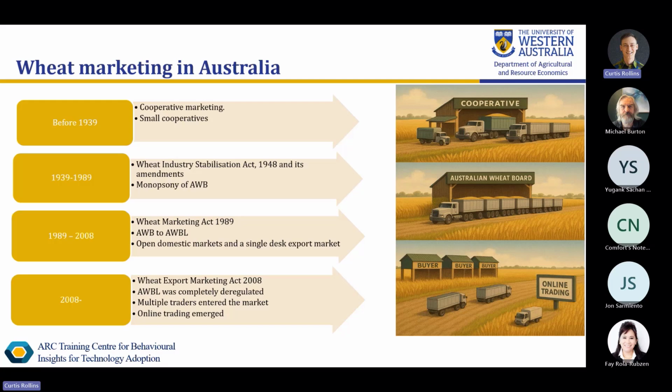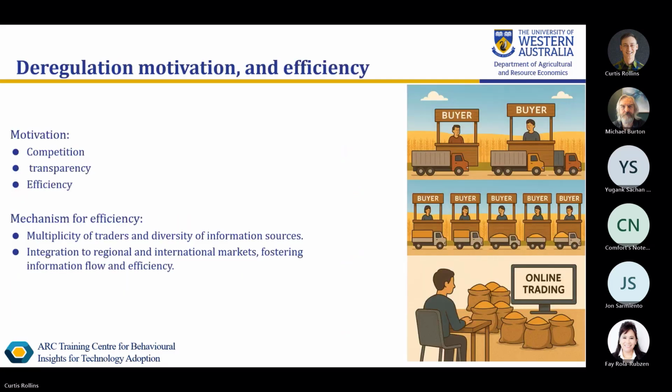But it was only in 2012 that it was fully deregulated, because from 2008 to 2012 there was an accreditation system for traders to enter the trading system, and that created some kind of trade barrier for the traders, which was lifted in 2012. The motivation of this deregulation worldwide, even in Australia, is encouraging competition, transparency, and efficiency.